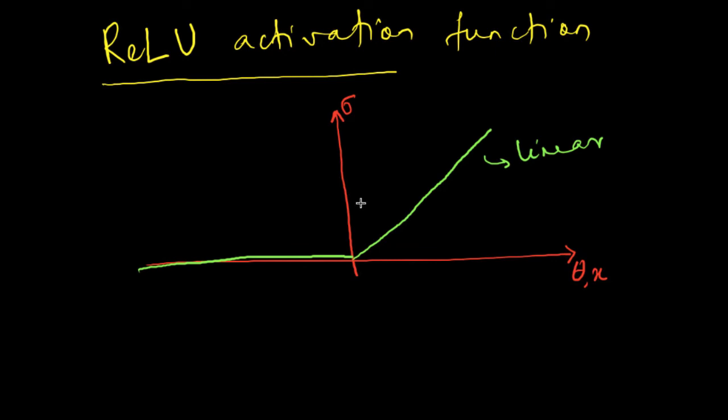So this leads to a much faster training algorithm because it does not suffer from the problem of vanishing gradients. So your gradients do not decay down to zero, and that is because your function does not saturate to unity. Now, of course, Relu has a problem that on the left hand side it is 0. So the gradients here are always going to be 0.